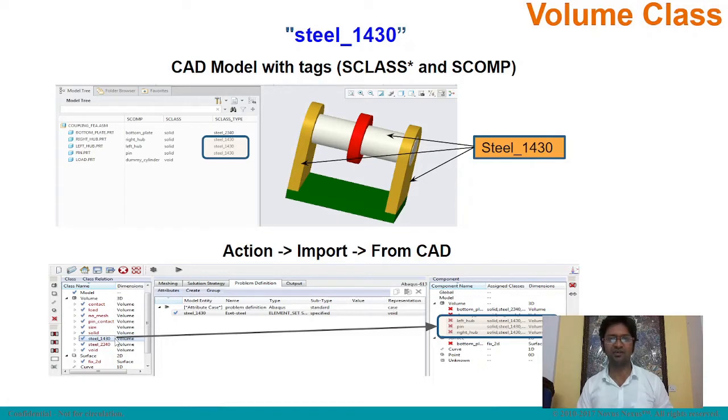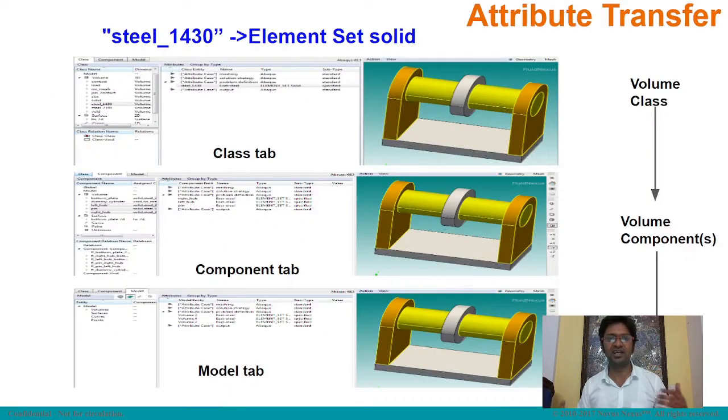Now let's see what happens when we combine the CAD model with the abstract model file. When we combine, we get the simulation model, that is the real model. In the class tab, if we select the steel 1430 class, then it will highlight the respective parts on which we have assigned the steel 1430 class in our CAD model.